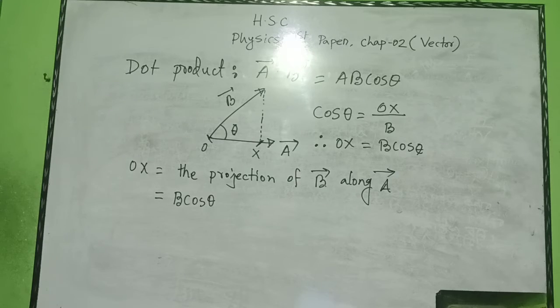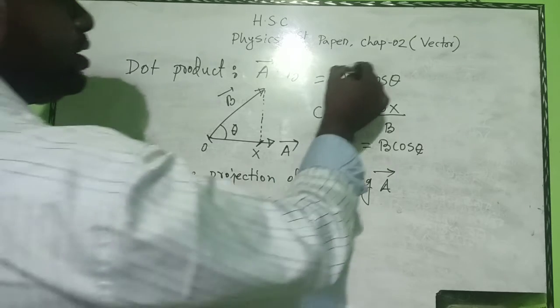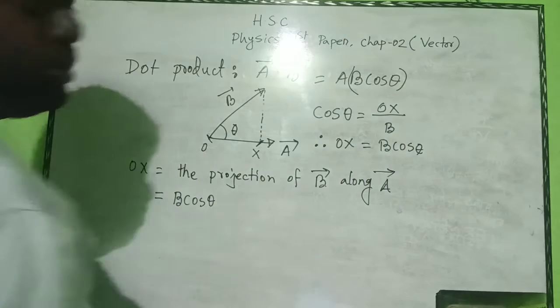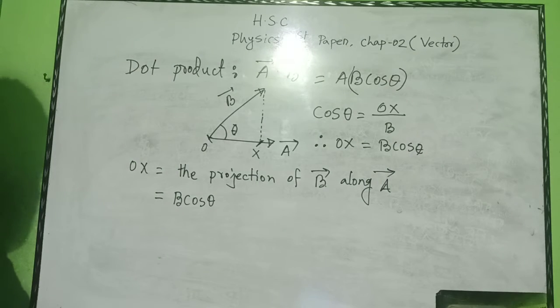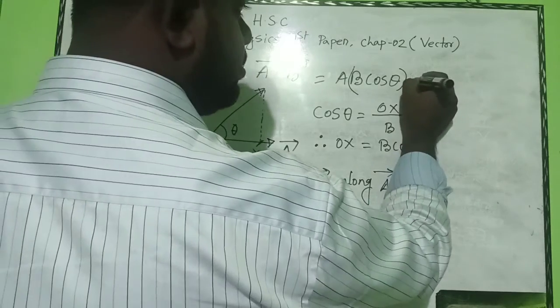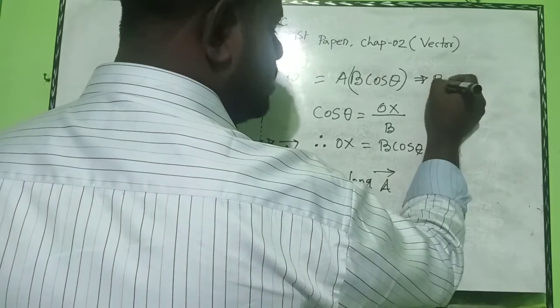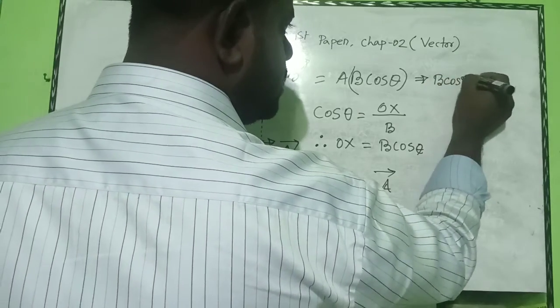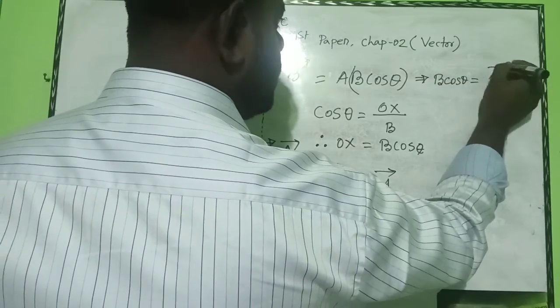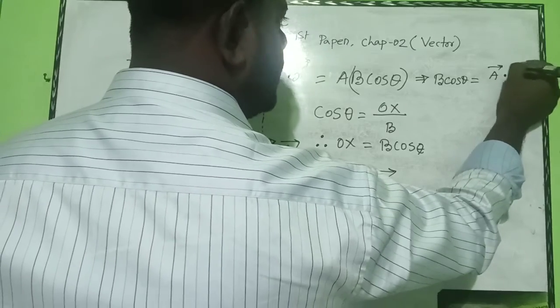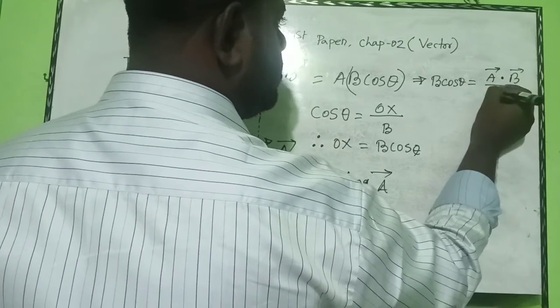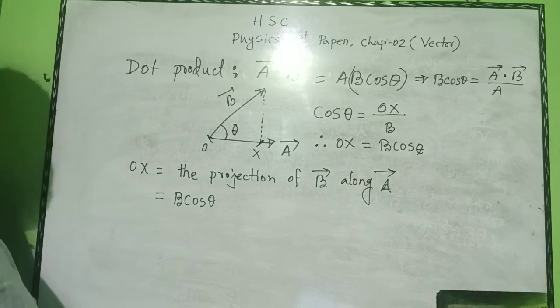Now the important part. Now what can we write? This one is B cos theta. So from this equation, we can write that B cos theta equals A vector dot B vector divided by magnitude of A vector.